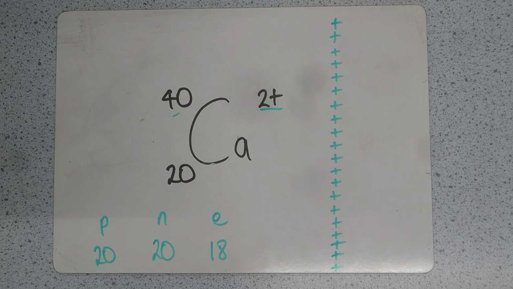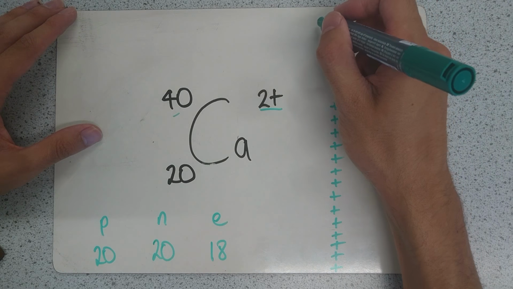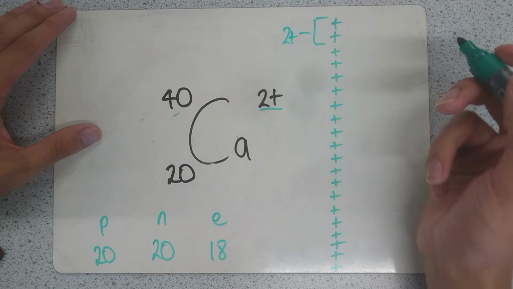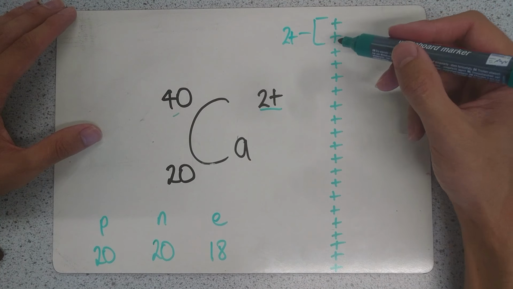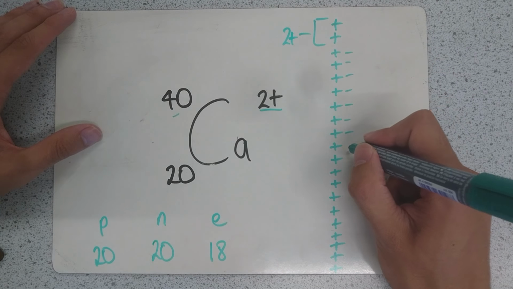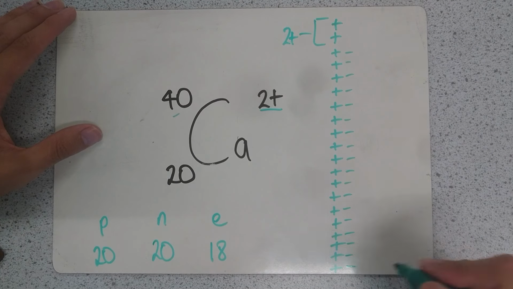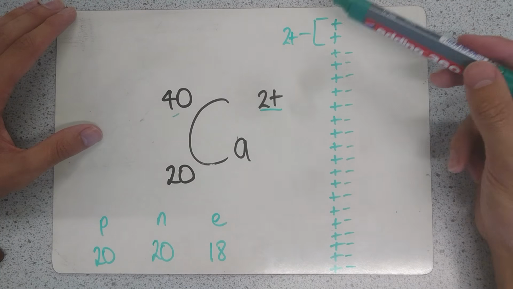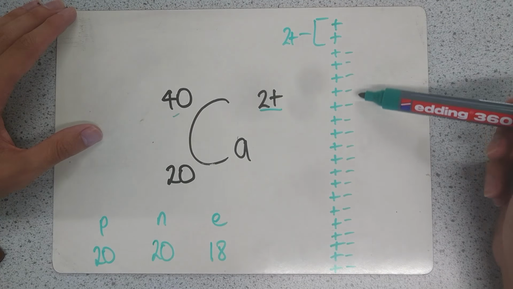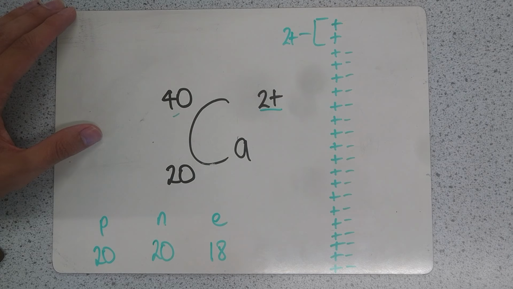Electrons are going to cancel that out with a negative charge, but overall we're going to have 2 positives left over. All the other protons are going to be cancelled out by electrons. So if all the others are cancelled out by electrons, leaving 2 left over, we must have 18 negative charges here to cancel out that 2 positive.